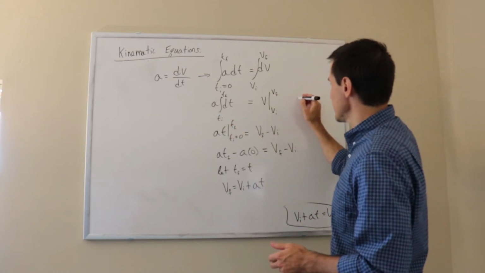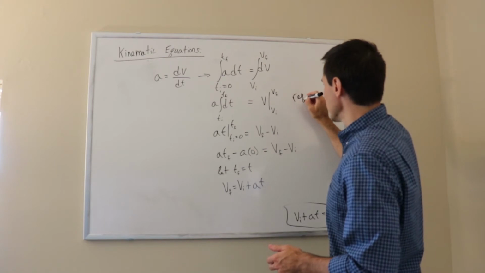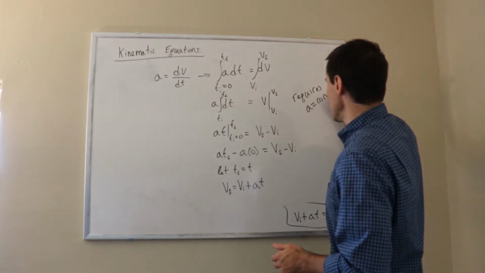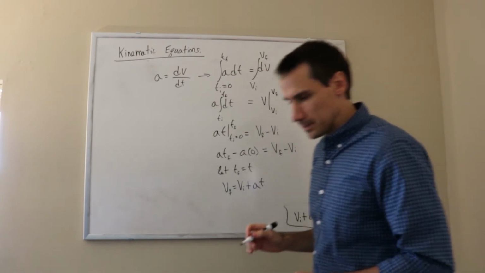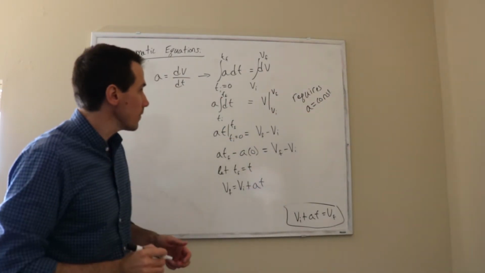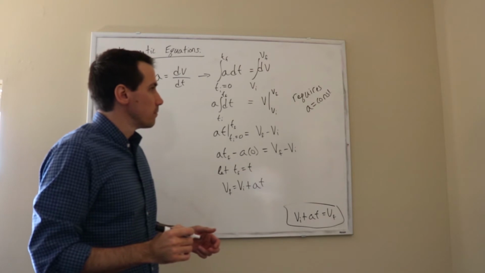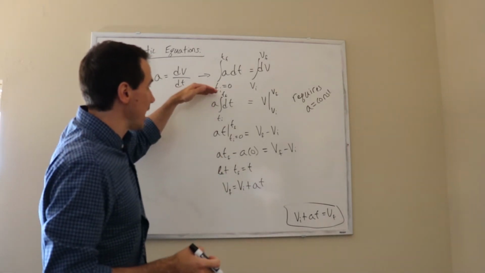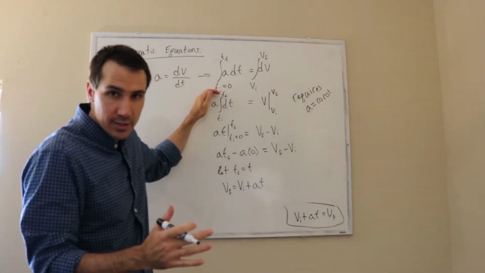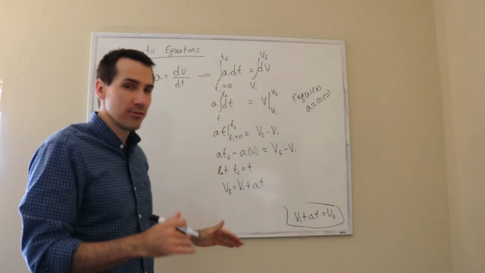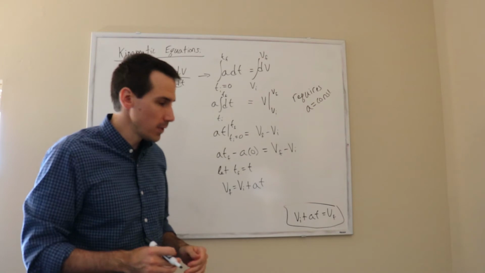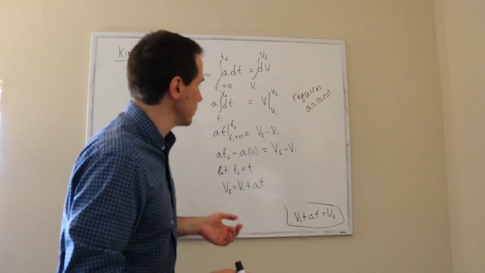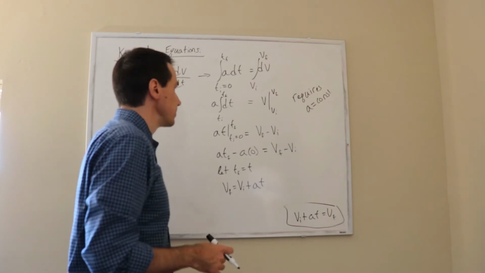So this is the step that requires my acceleration to be constant. If my acceleration is not constant, nothing after this line works. I can't do any of this if my acceleration isn't constant. Fortunately for us in this class, we're always going to deal with constant acceleration, so we don't have to worry about that.